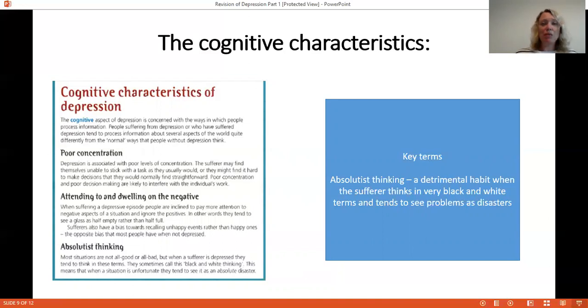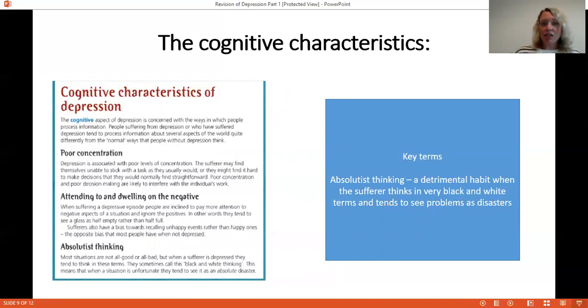And that is particularly with regard to what that sufferer's normal level of concentration is. So if they normally find it really hard to concentrate, then maybe it's not going to be indicative of depression. But if normally they would have been able to concentrate on that thing, then that perhaps indicates that something is not right. There's also the cognitive characteristic of both attending to, so focusing on in the first place, and then dwelling on the negative.